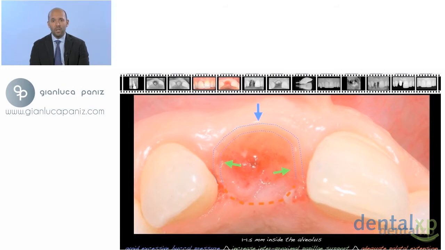Last but not least, we need to complete our ovate pontic also on the palatal aspect with a 3-dimensional shape in order to give the patients from day one an adequate comfort of the restoration and to avoid food impaction in the area.